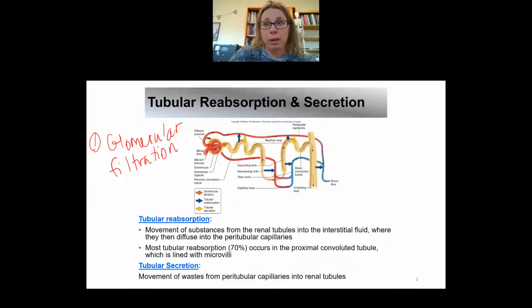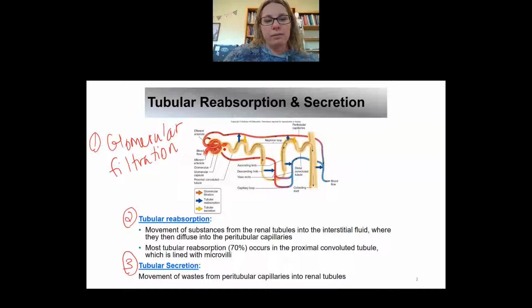Hopefully that'll be helpful for you. But glomerular filtration, remember, gets that fluid and some substances out of the blood into that glomerular capsule. Then step 2 and step 3 consist of tubular reabsorption and tubular secretion.